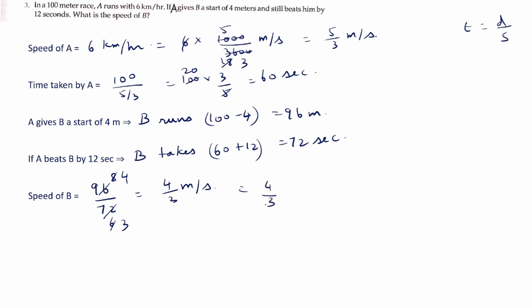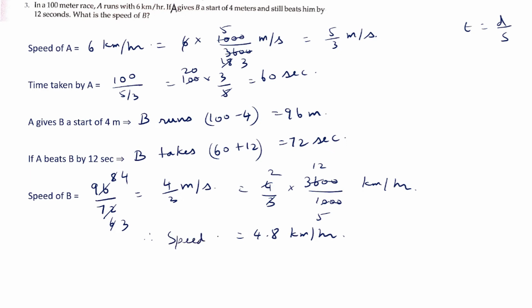So it is 4 by 3 into 3600 upon 1000 kilometer per hour. So it is 24 by 5, or it is 4.8 kilometer per hour. Therefore, speed of B is 4.8 kilometer per hour.